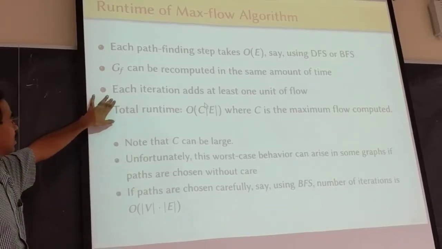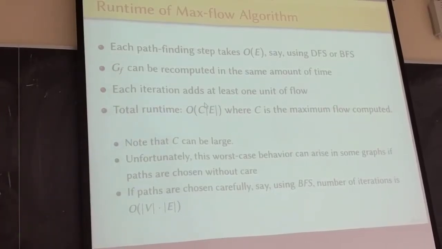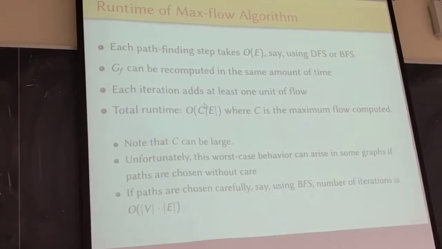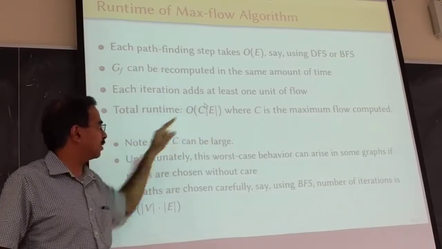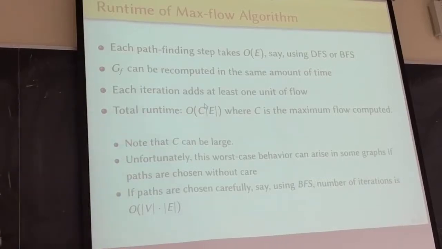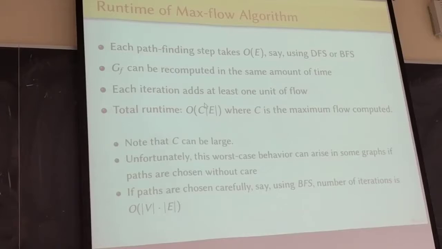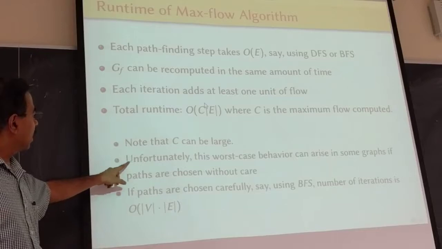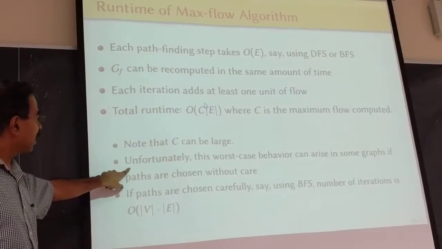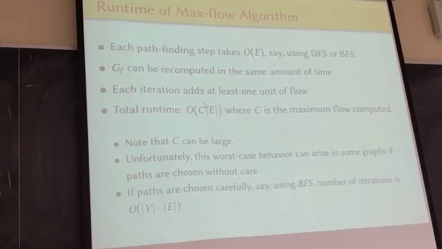If you do a simplistic analysis, you can say each iteration adds at least 1 unit of flow, then the cost becomes C times E, where C is the maximum flow that you can obtain. But this is not a linear time or polynomial time algorithm, because the cost can be exponential in the input quantity. So this is not a good algorithm, but one can show, though we won't, that if you use an algorithm like BFS, then the number of iterations is limited.